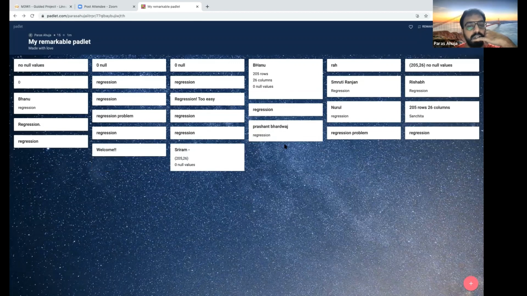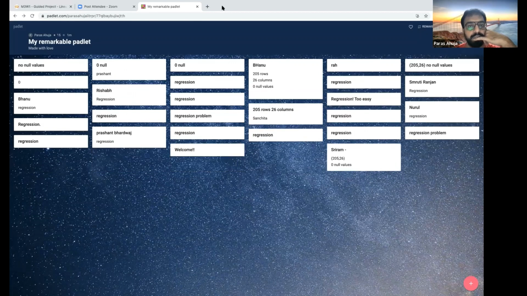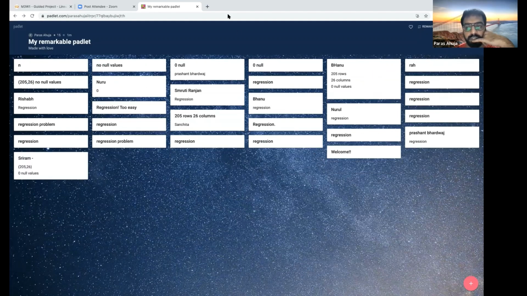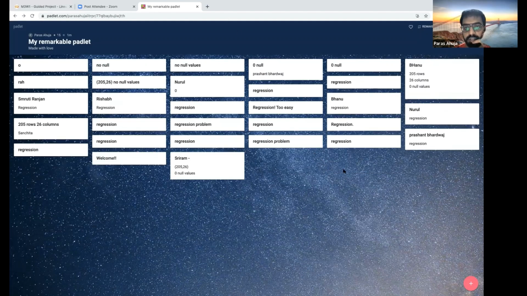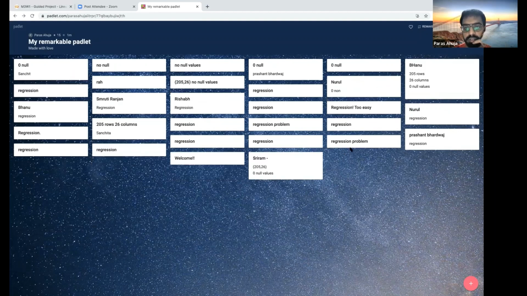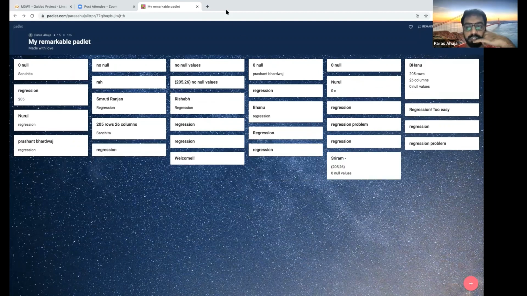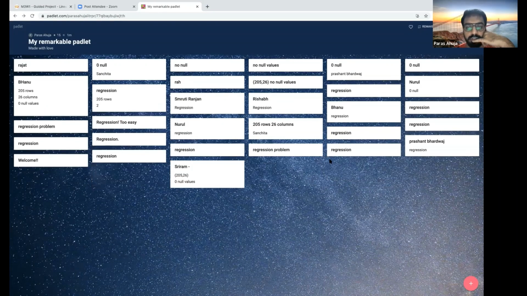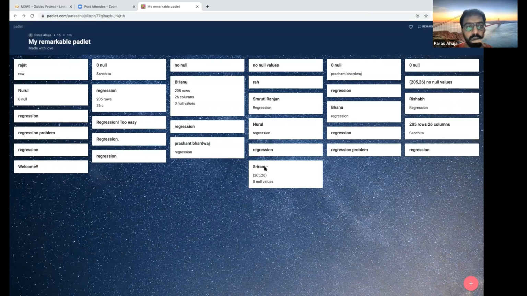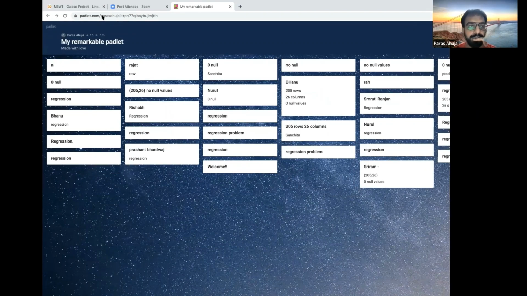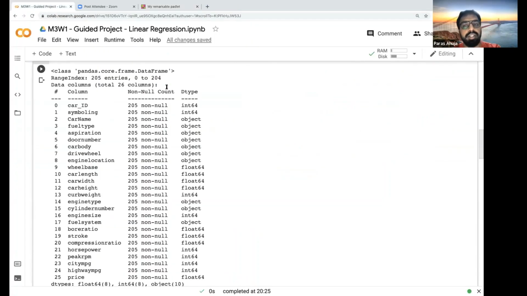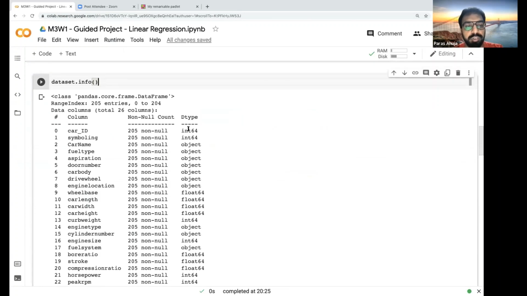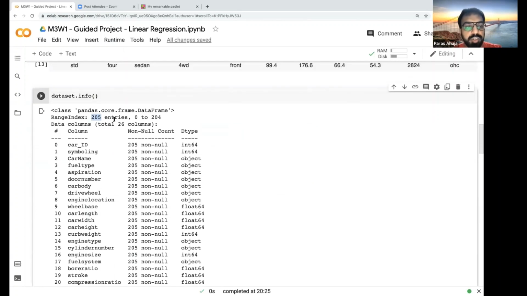None. So we have 205 rows and 26 columns, right?